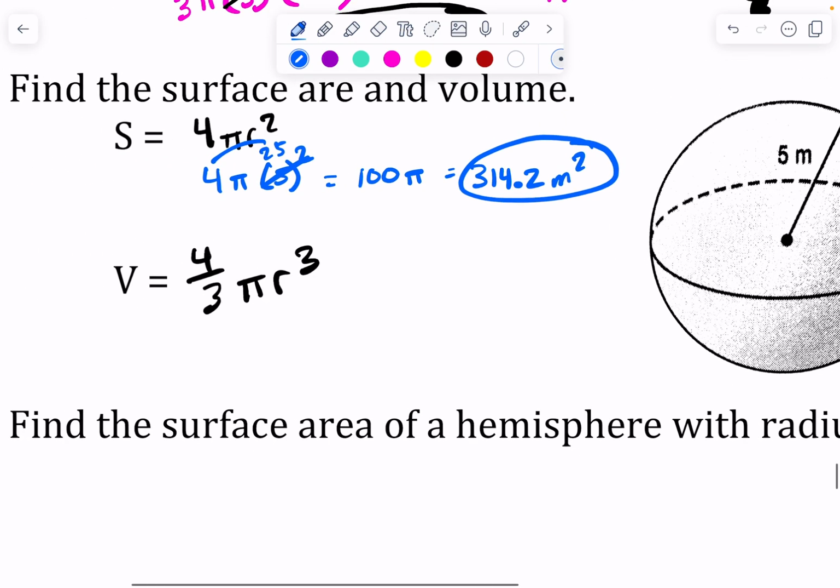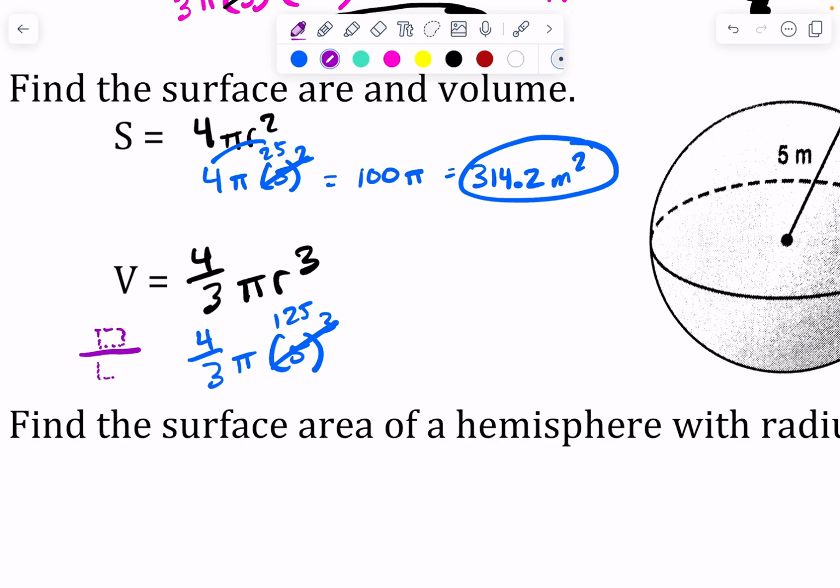Okay, volume is 4/3 pi times 5 cubed. Now 5 cubed is 125, okay? I don't know how you do it in your calculator. If you have one of those fancy calculators that has a fraction button and you can type in 4/3, that makes it really fancy.